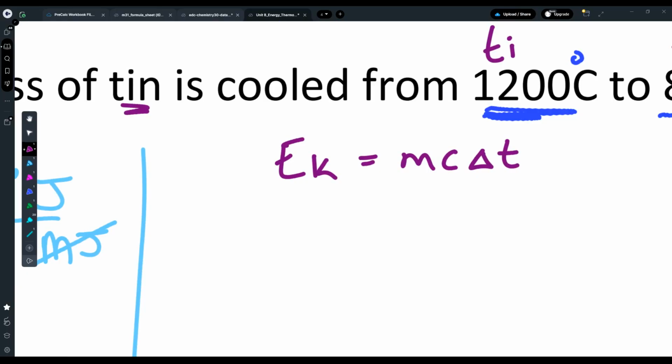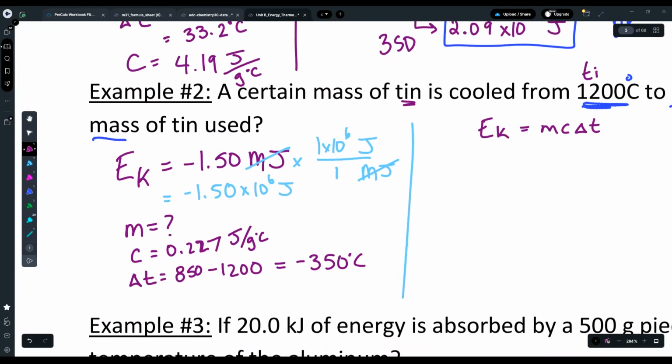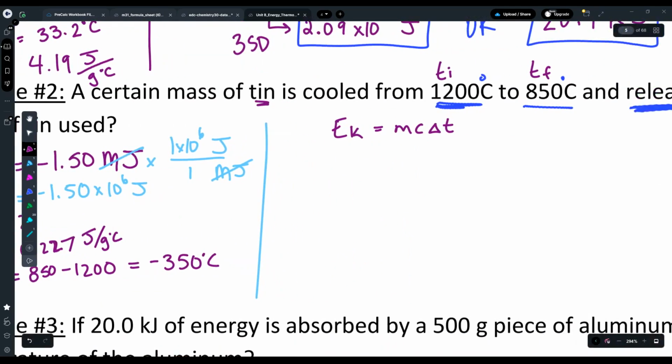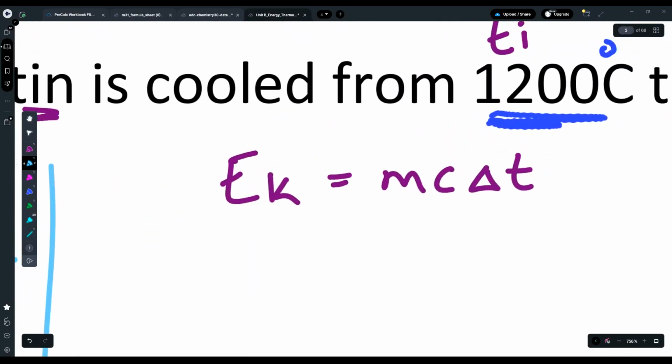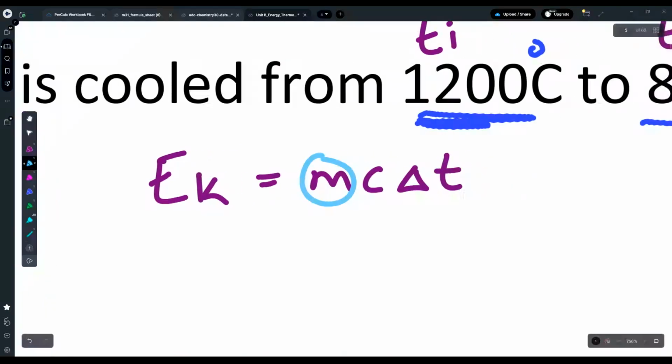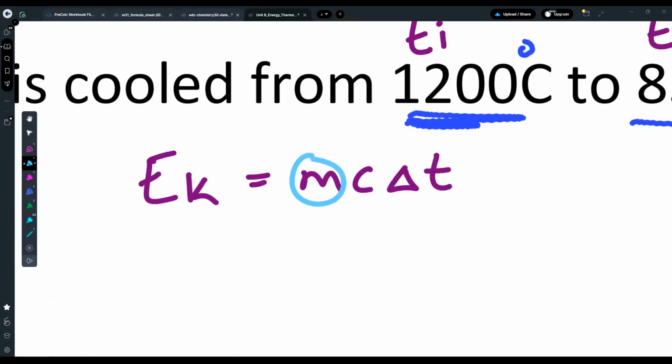All right, so EK, that was negative 1.50 times 10 to the power of 6. You could either substitute in all of your numbers first, then rearrange, or you could rearrange your equation first, then substitute in. I like rearranging first. So I want to find mass. I'm asking myself, what is specific heat capacity and delta T doing to mass?